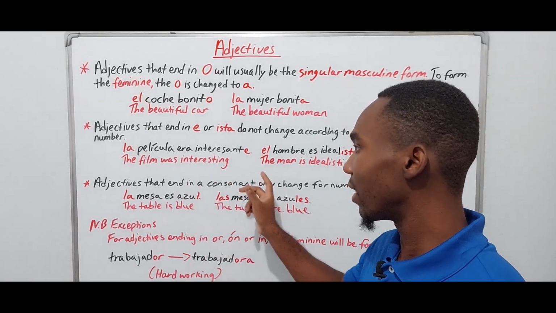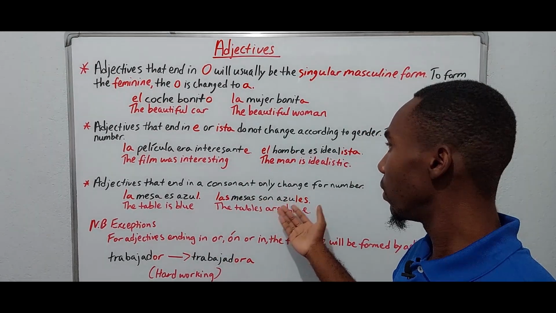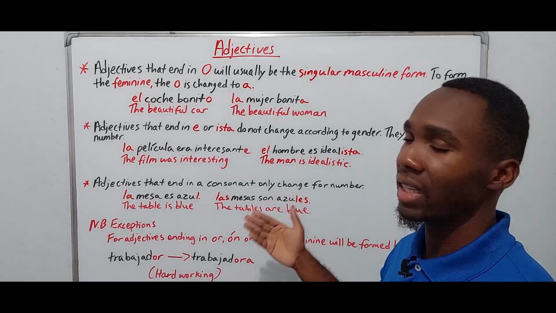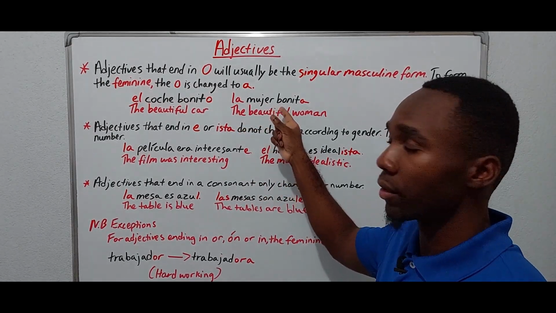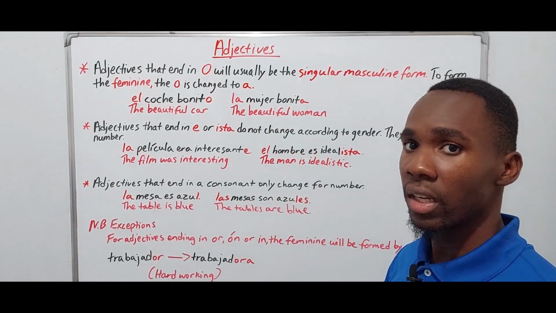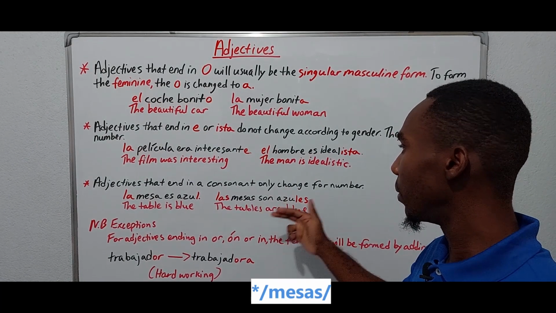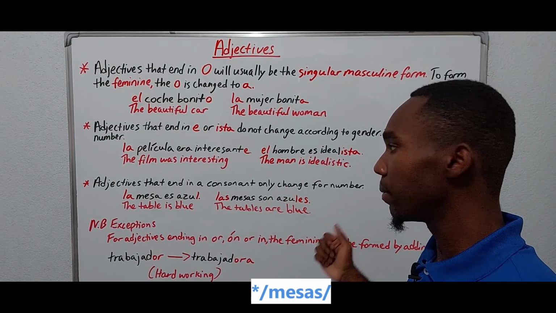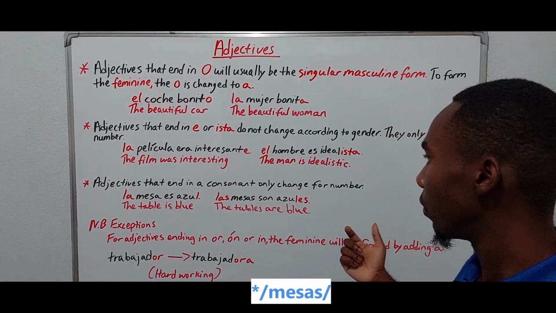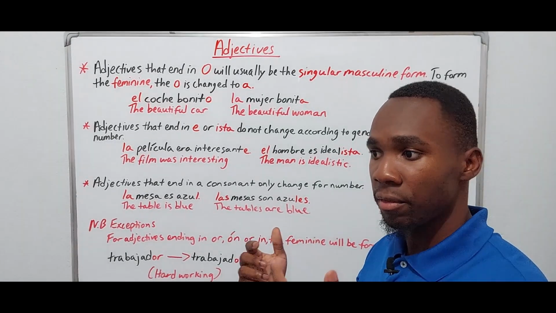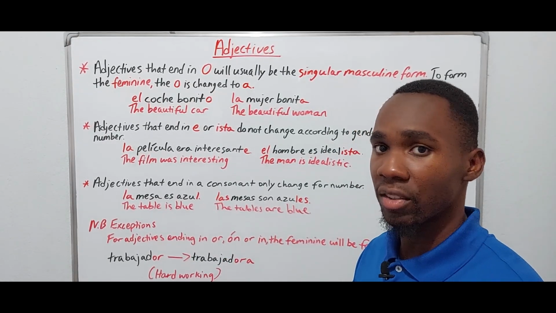If we want to make it plural, the only change is that we would have to add es, just like we did with mujer, right? With the consonants. So las mesas son azules, the tables are blue, right? And azules could be related to a feminine noun that is plural, of course, or a masculine noun that is plural.